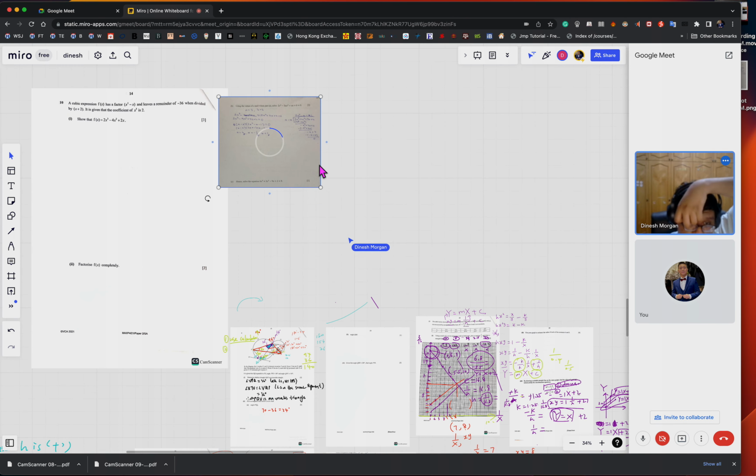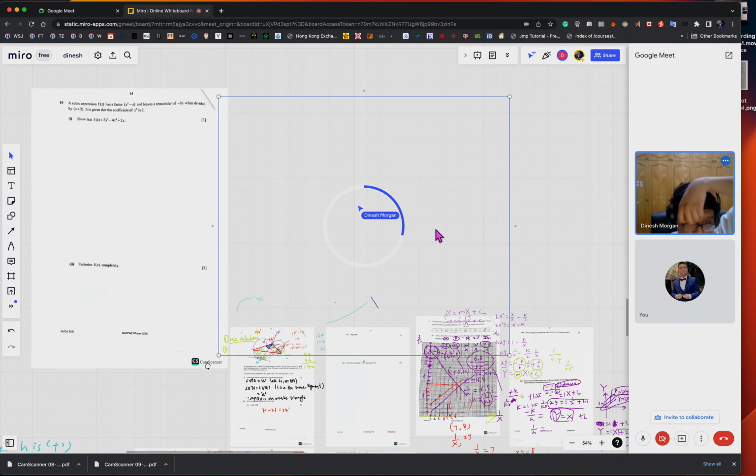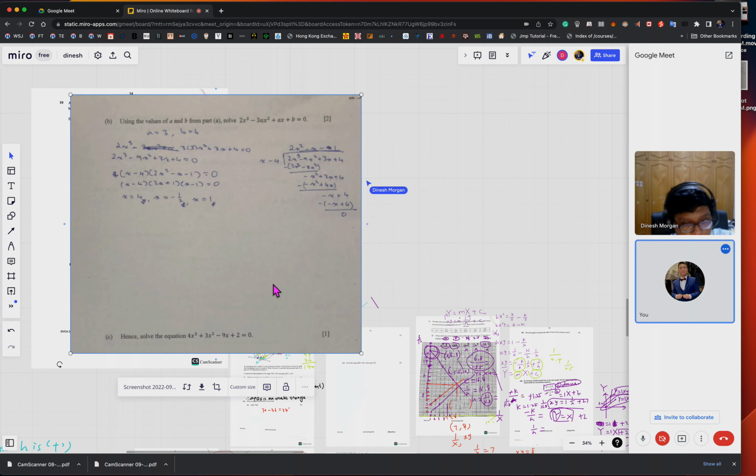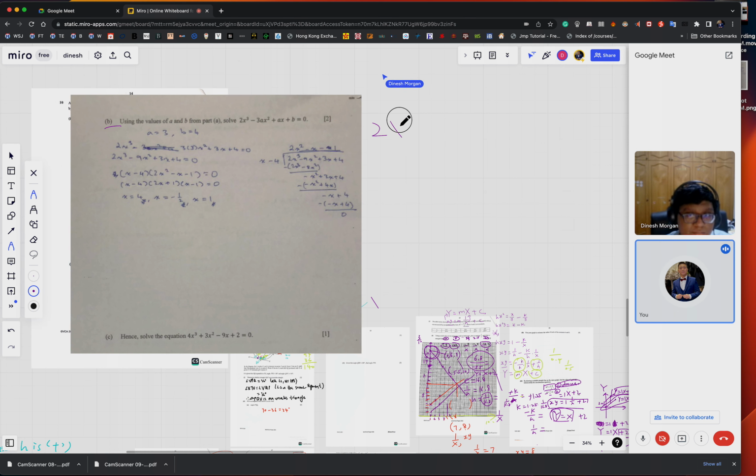Okay, I have uploaded this. I think this kind of question is very common for polynomial. So I just give the answer for you for part B. So you are asked to solve this. A is okay, so I just give you the A, because this student has solved it already. It is 4.